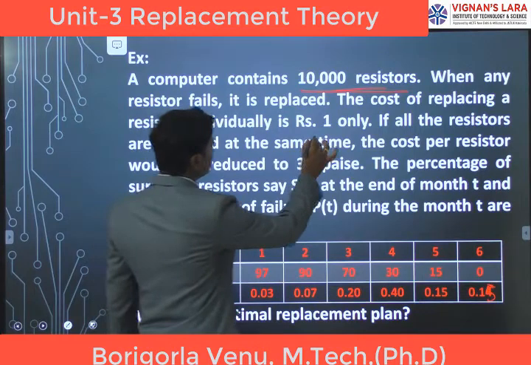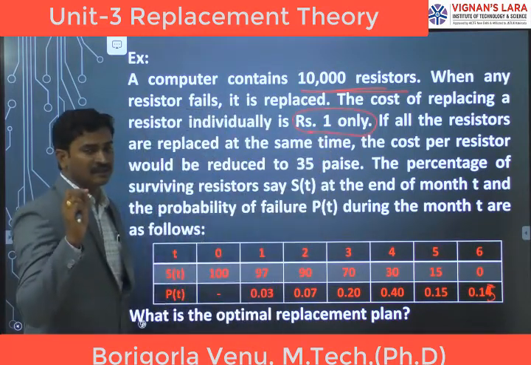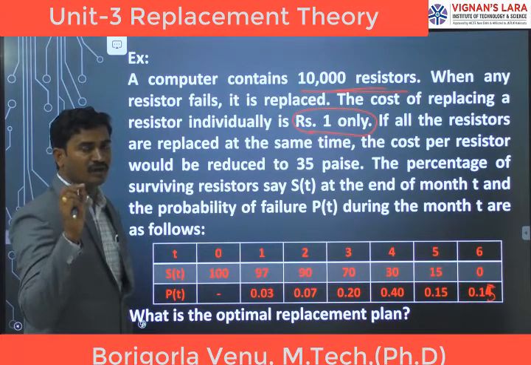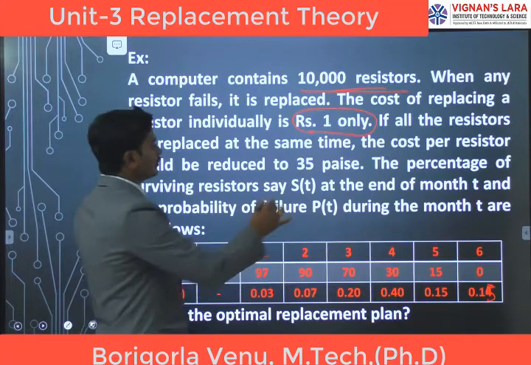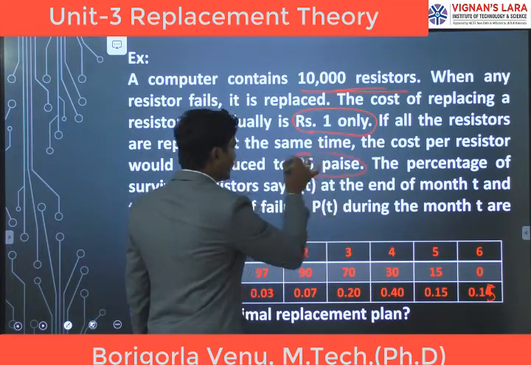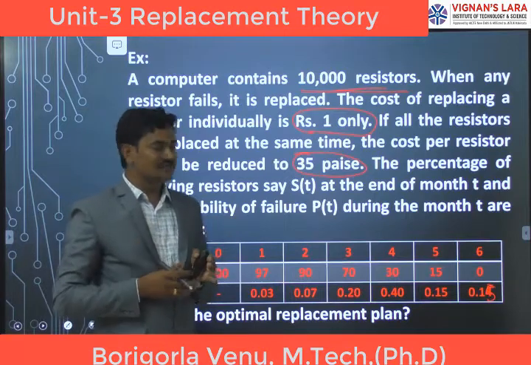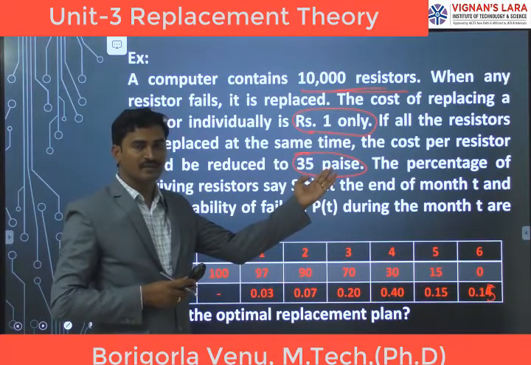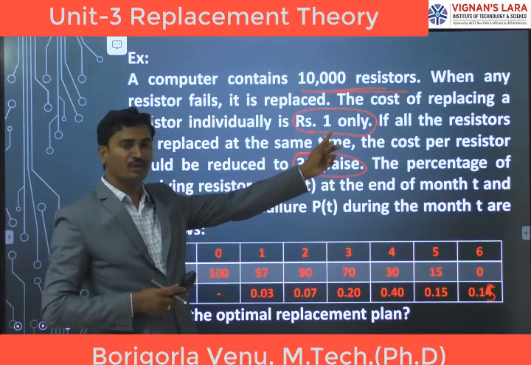If we replace individually, the cost is ₹1 for each resistor. If we replace as a group, the cost is 35 paisa. It means when we purchase bulk resistors, we get them at 35 paisa. If we purchase only one resistor, it will cost ₹1.